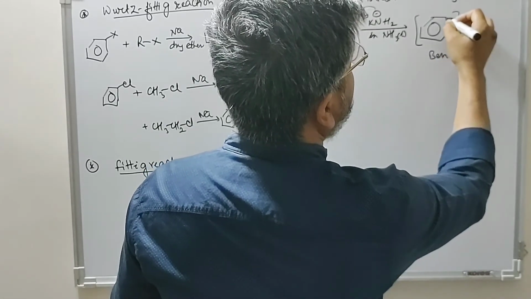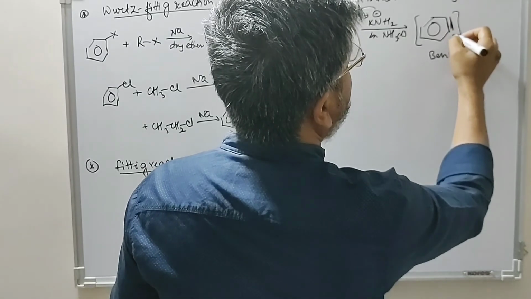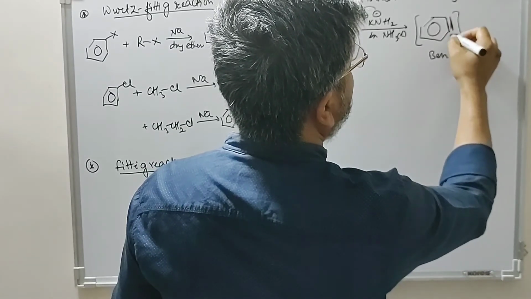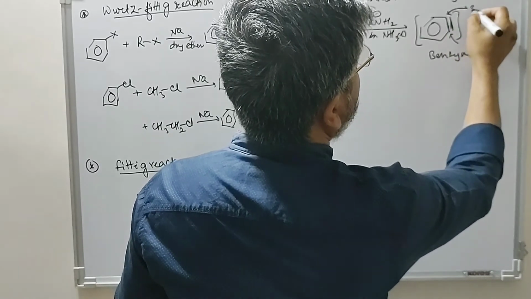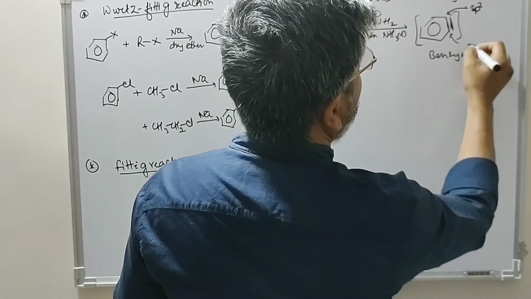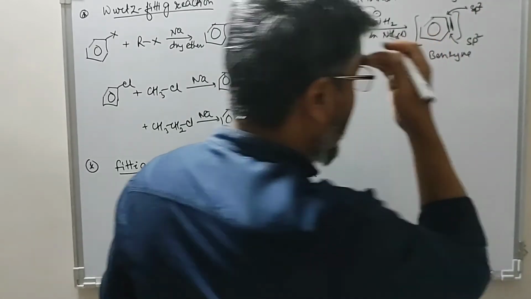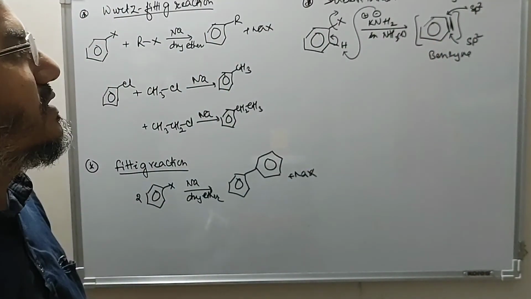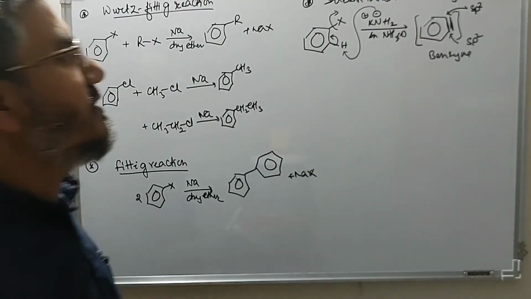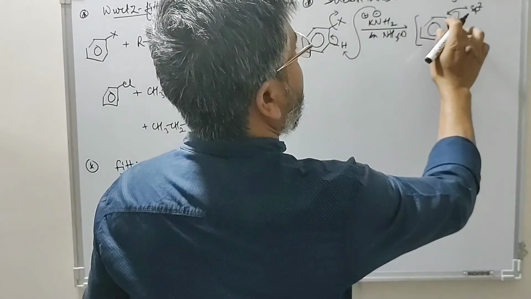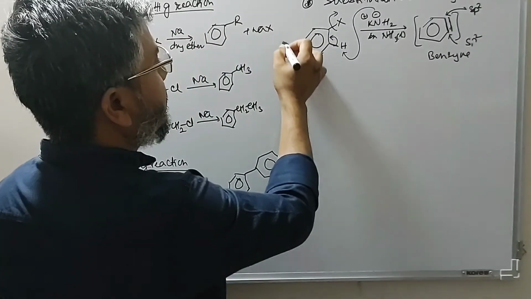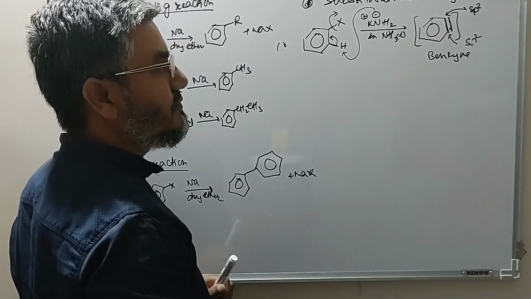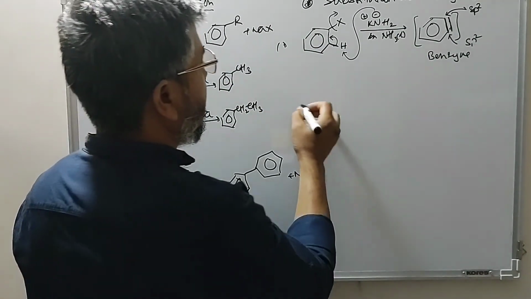In benzyne, both these carbons are sp2 hybridized. That means all carbon atoms of benzyne are again sp2 hybridized. Now, in the first step there is removal of HCl.